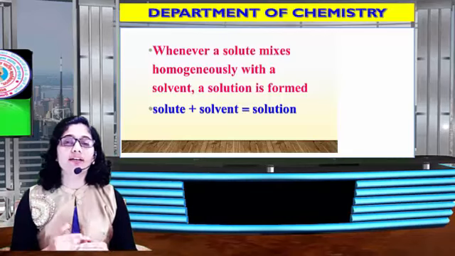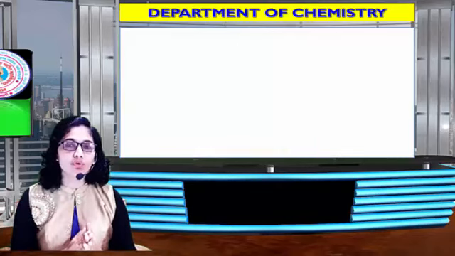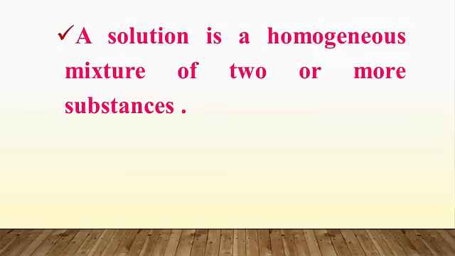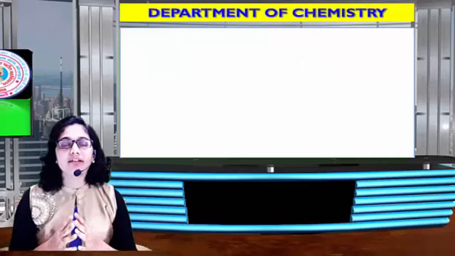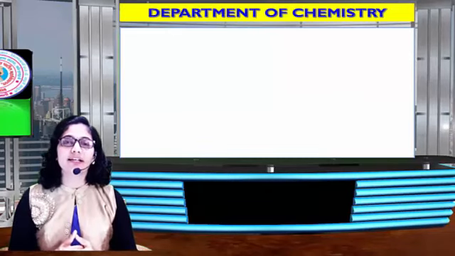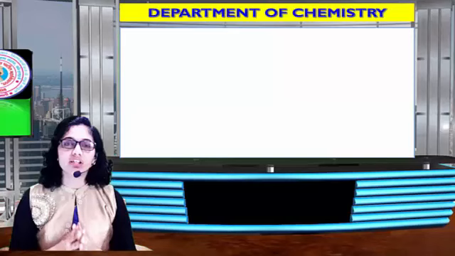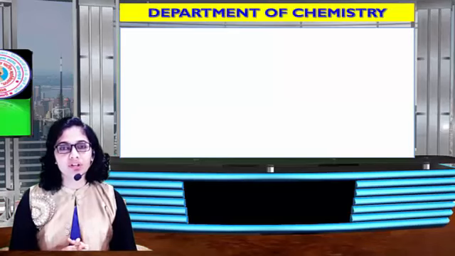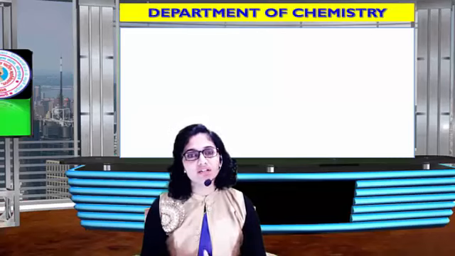Solutions can be classified into two types, homogeneous solution and heterogeneous solution. Homogeneous means if we get a clean and clear solution after mixing different components, the solution is called a homogeneous solution. After mixing the components, if we get two different layers in the solution, that solution is called a heterogeneous solution.